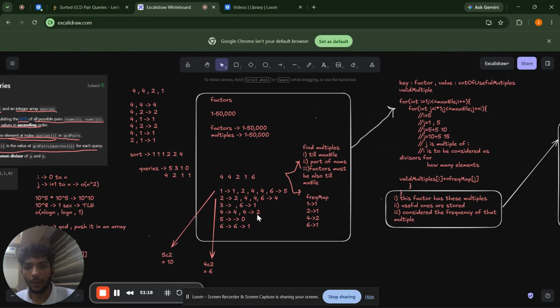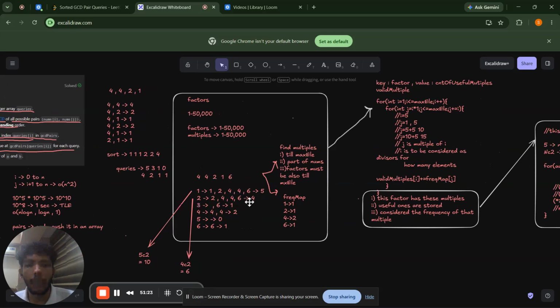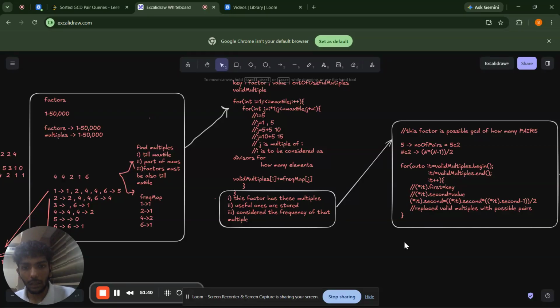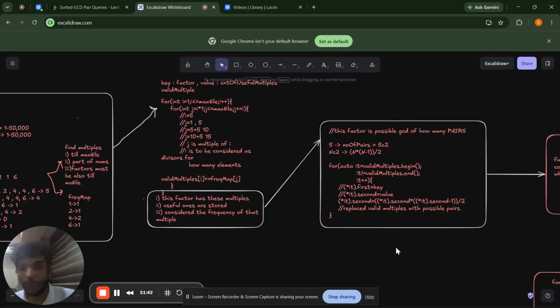What we do is first find a frequency map, we find the maximum element, we also then find all the multiples, and from which how many multiples are useful, if it is useful, what is its frequency. Then from the frequency we have found, we try to find out how many pairs can be formed so that that factor is a valid candidate GCD for how many pairs.